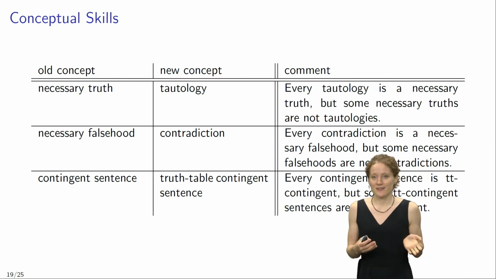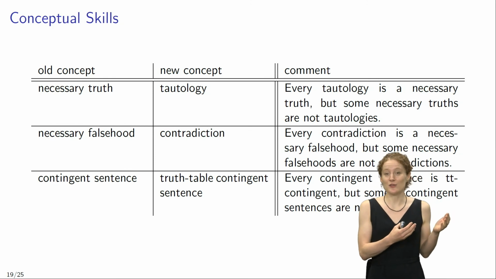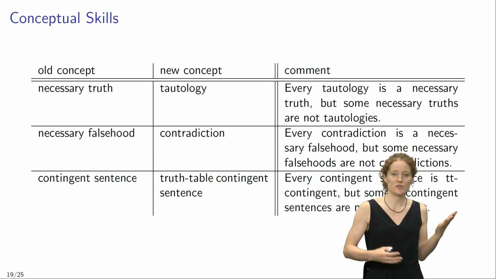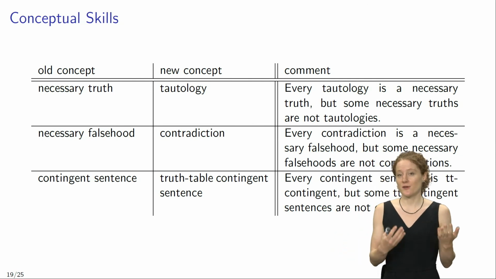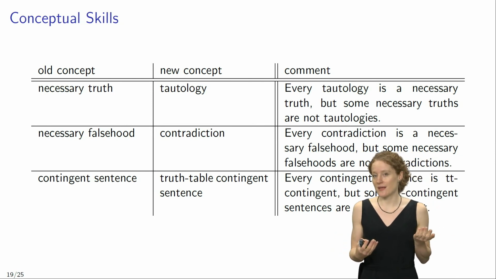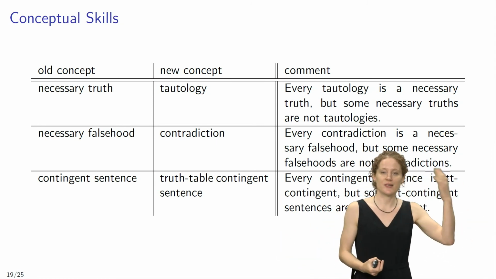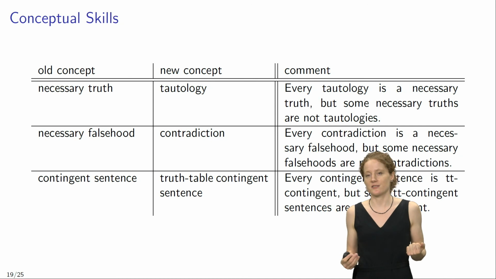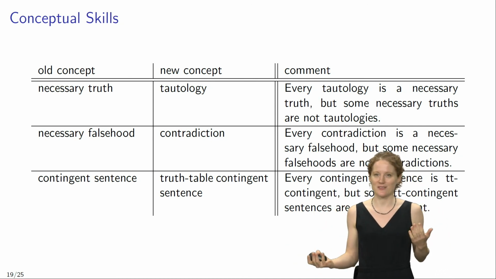So in particular, you should be able to relate the concepts that we introduced in the very beginning of the course to the concepts that we studied a little further down the road. So for example, you should be able to explain the difference between necessary truth and tautologies, and between necessary falsehoods and contradictions, or the difference between contingent sentences and truth-table contingent sentences.